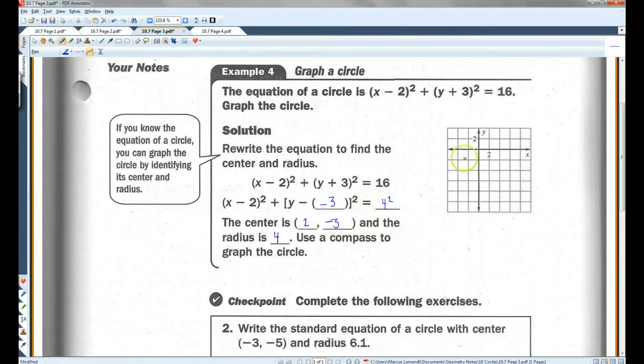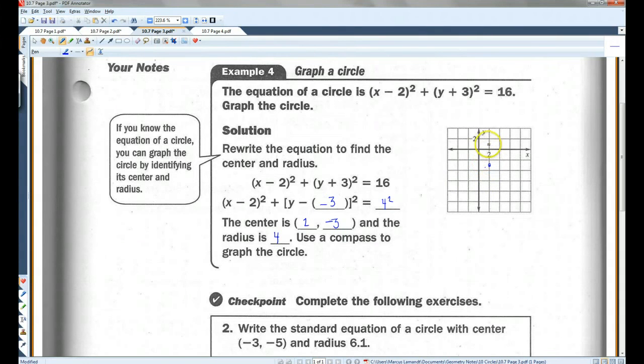We don't need to use a compass, we can just graph it. So (2, negative 3) is the center. Oh, I'm sorry, actually each of these lines are worth 2, not 1, my bad. So this is going to be about here.